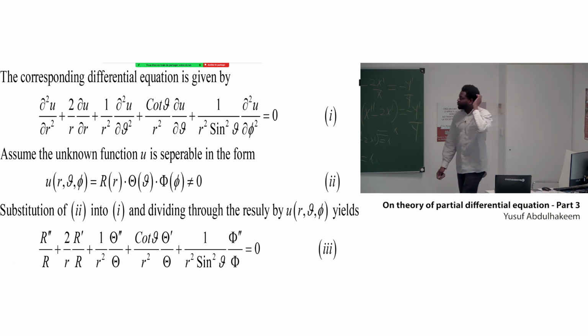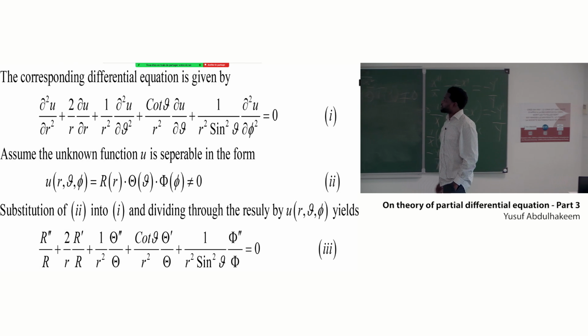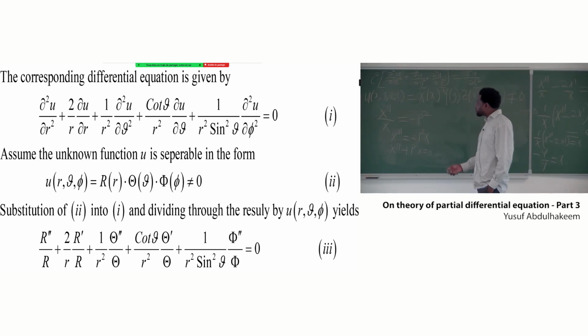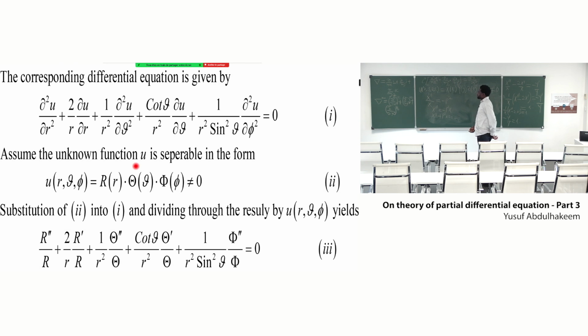The corresponding differential equation is given by what we have here. That is for the spherical. If we look at it very well, let us identify the independent variables. You can see that these are the independent variables here. We have R, then theta, and then phi.